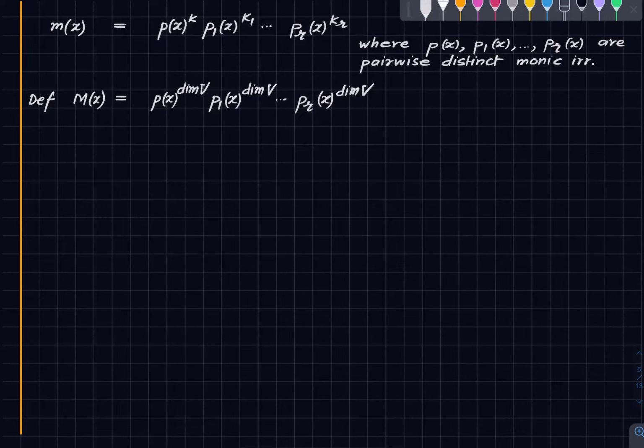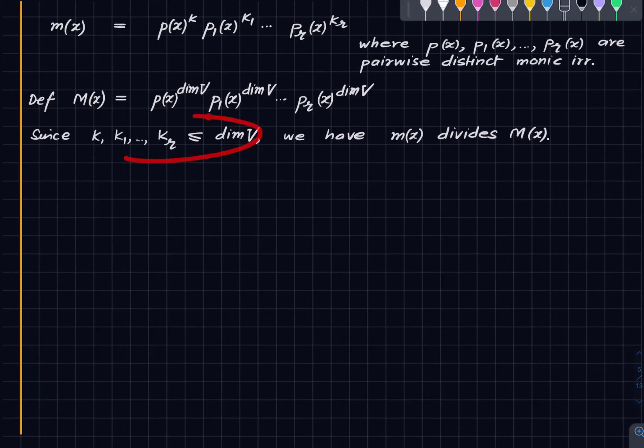Since k and all these ki's are at most the dimension of V, we have this divides that. So again, why is this? This is the exercise that I left you with.